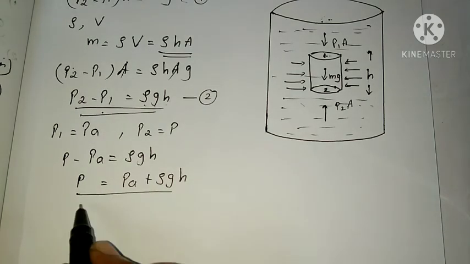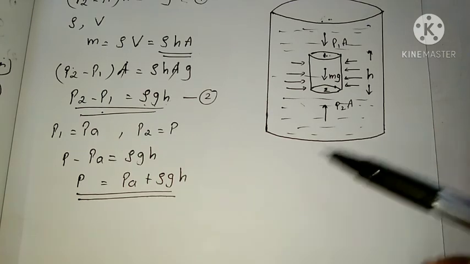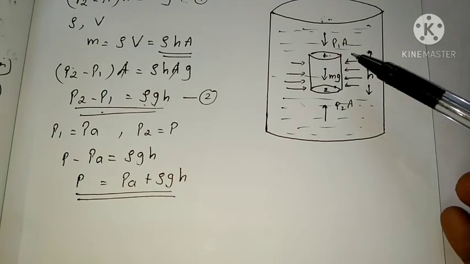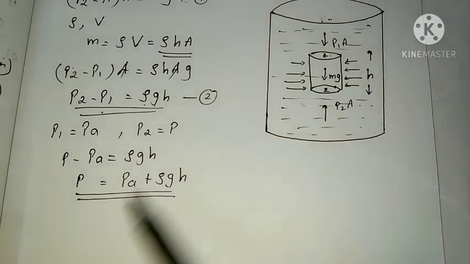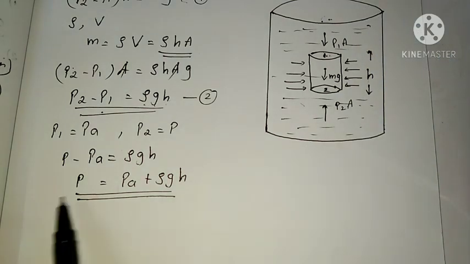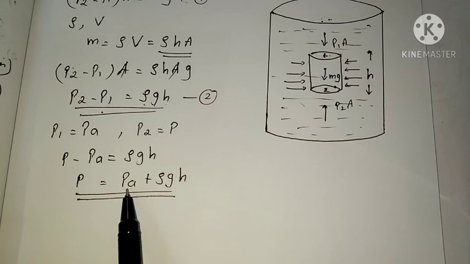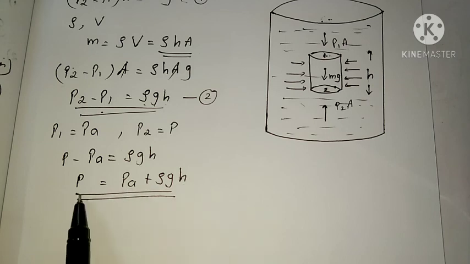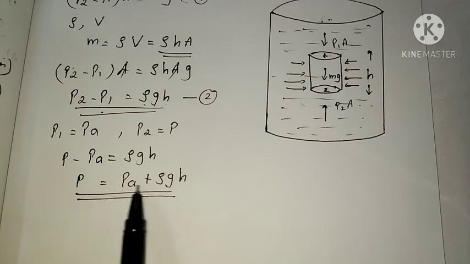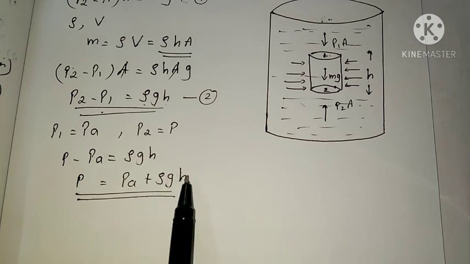This is the pressure at a depth below the surface of the liquid open to the atmosphere. That is pressure at a depth, P equal to PA plus rho GH. So that pressure must be greater than the atmospheric pressure by an amount rho GH.